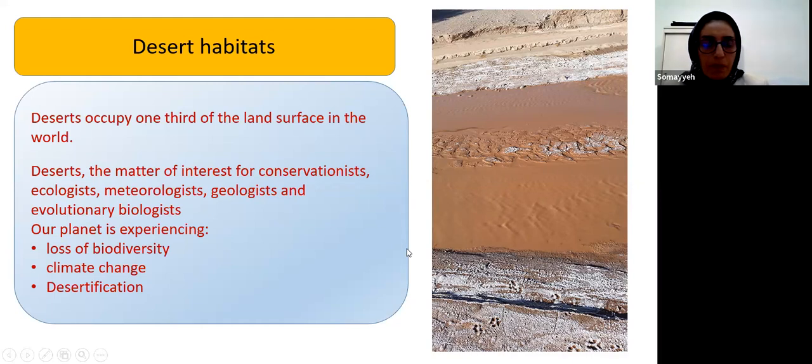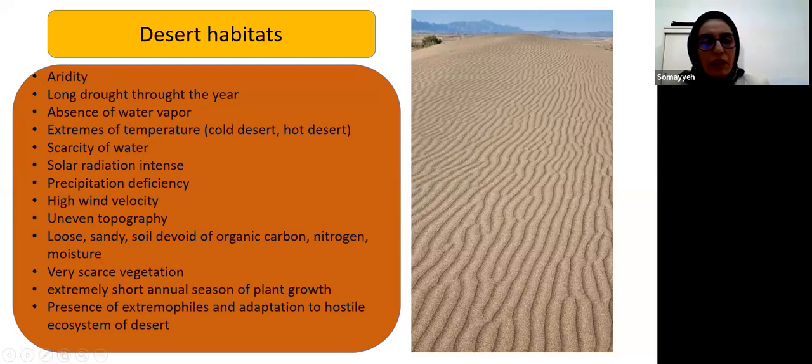So all the desert habitats share common characteristics: aridity, long drought throughout the year, absence of water vapor, extremes of temperature. Two types of deserts are categorized in this group: very low temperature ones that are grouped as cold deserts, and very high temperature ones that are called hot deserts.